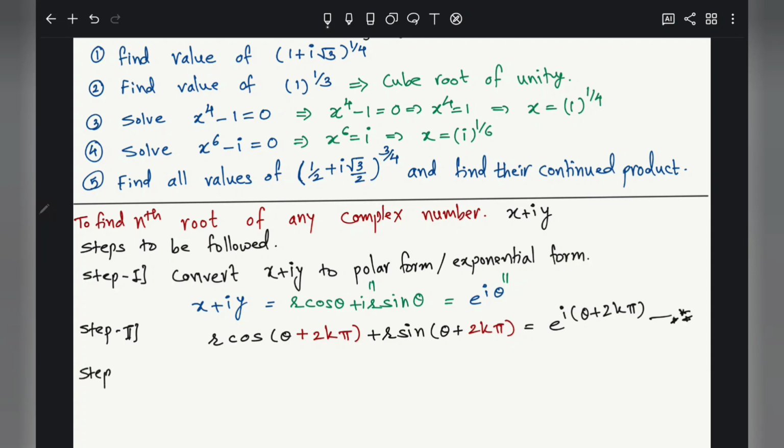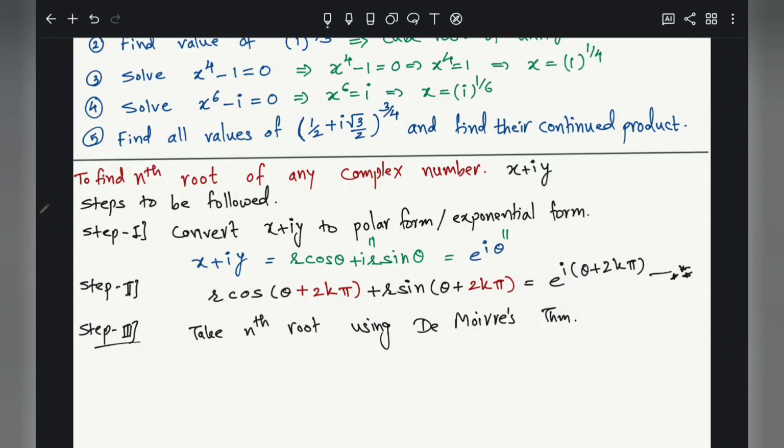And then the next step is we have to take the nth root using De Moivre's theorem. So what is De Moivre's theorem? I will just write the statement here. So we know the statement of De Moivre's theorem.